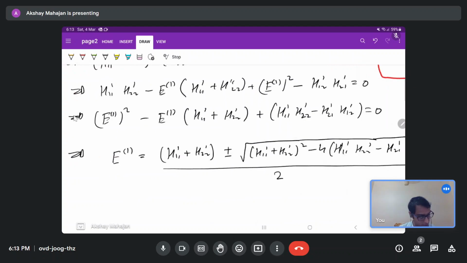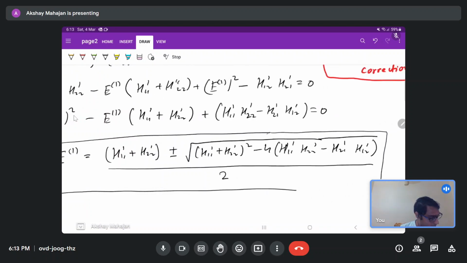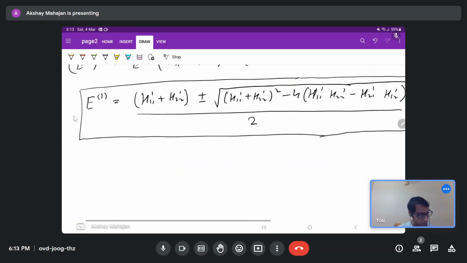Alright, so this will be our first order energy correction. It will be given by this. The matrix element depends on the Hamiltonian and the wave functions.